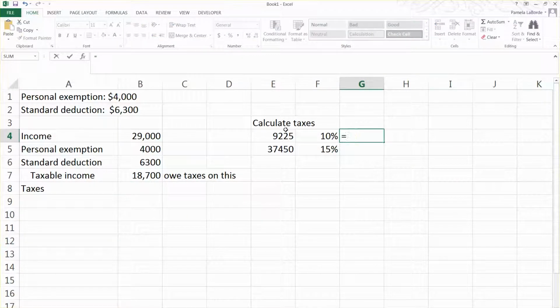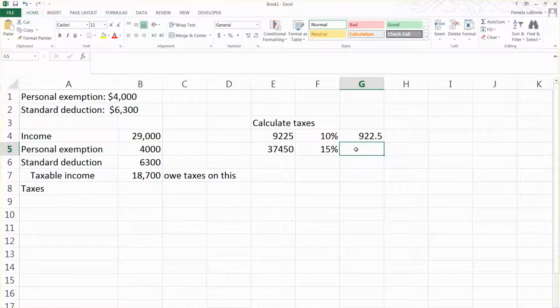So I will take 9,225, multiply it by this 10%. Then, since their 18,700 falls below the 37,450, I know that they're going to pay 15% on any amount that's over 9,225 and up to 18,700.